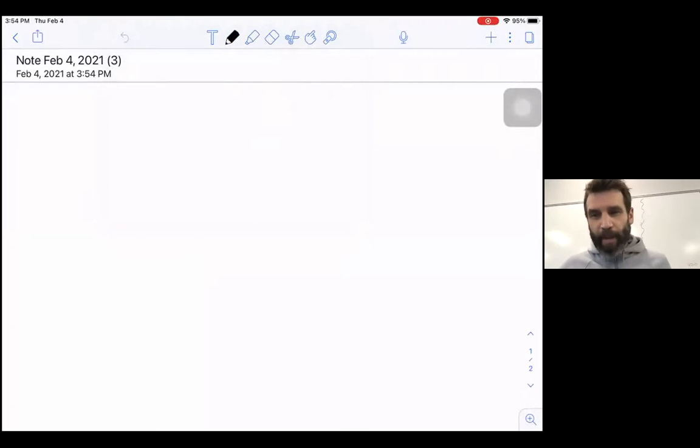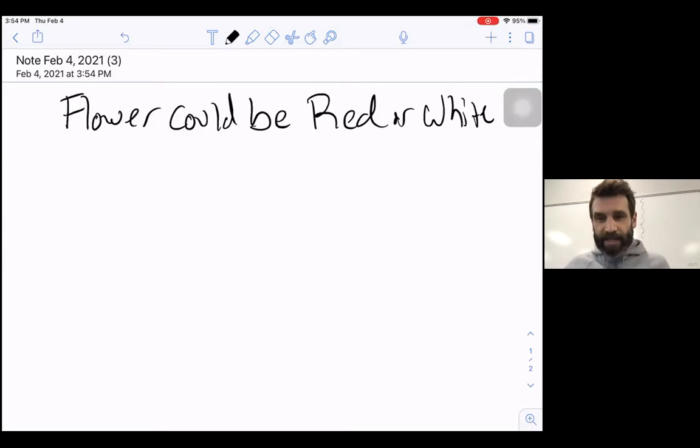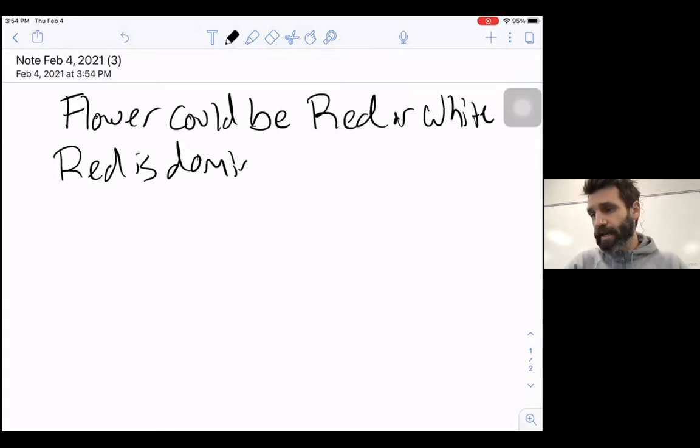So in the past, let's say there was a flower that could be red or white. And up until this point, we might have seen something like red is dominant over white.